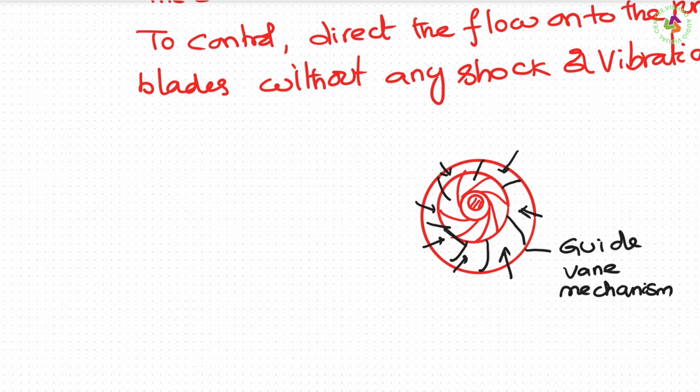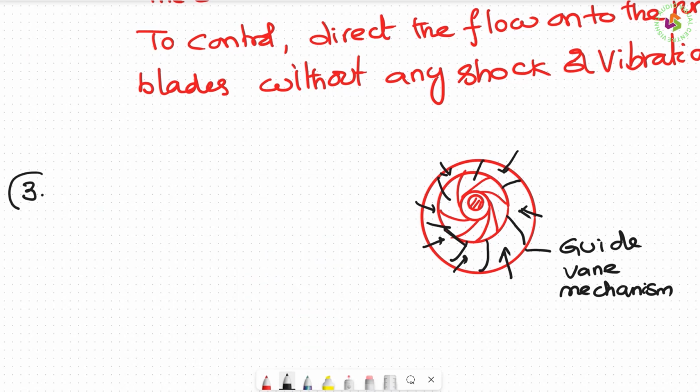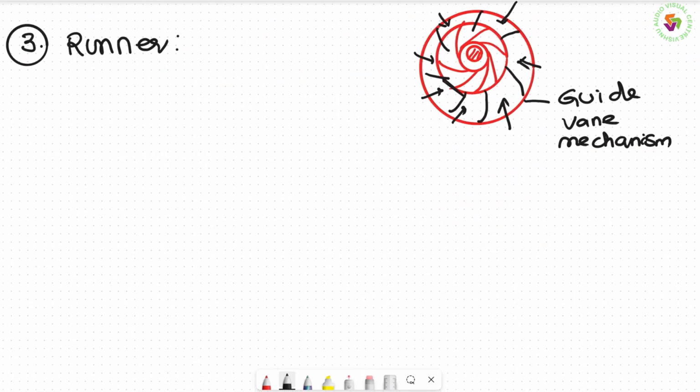So the purpose I also mentioned. This is the second thing. So what is the third thing for us? The third part is the runner. The runner is a circular wheel, right?